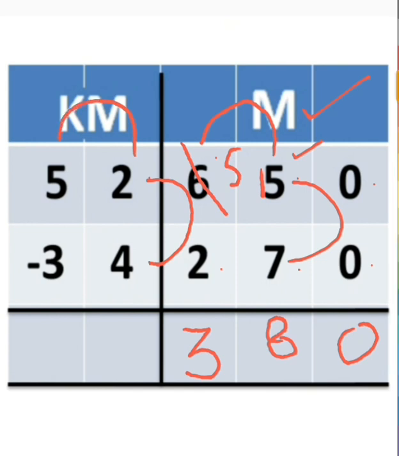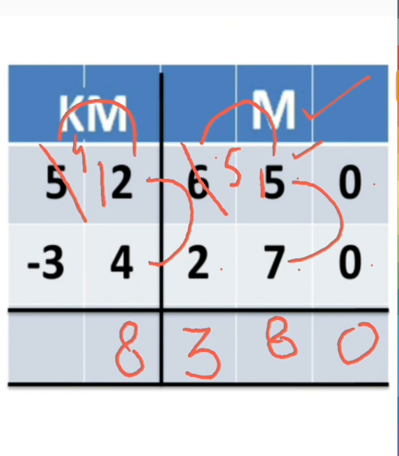That is from 5 children. So 5 will reduce by 1 and it will become 4 and this 2 will become 12. Now children, 12 minus 4 is? Yes, it is 8. So we will write 8 in the kilometers column.